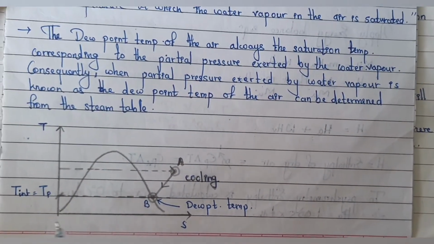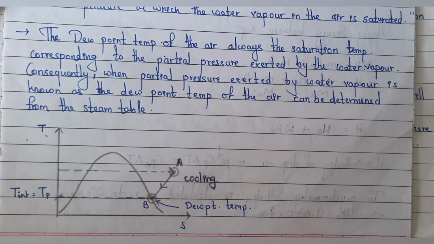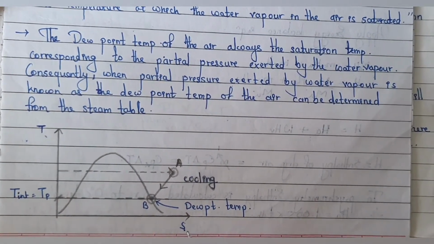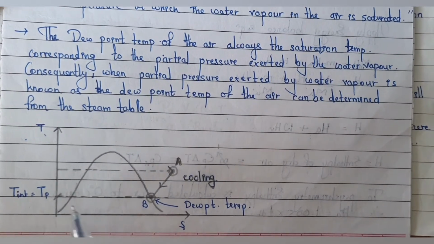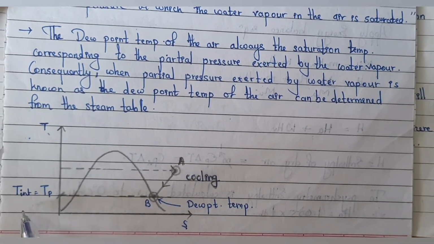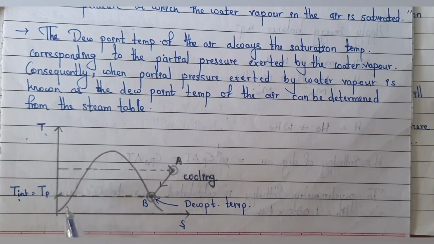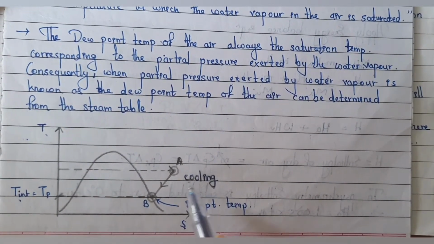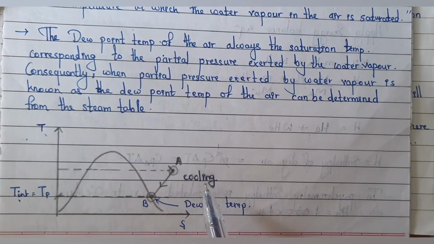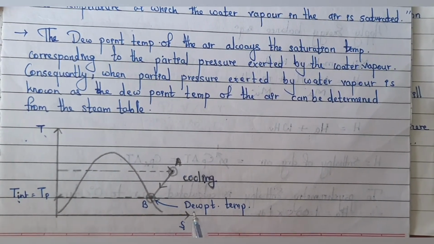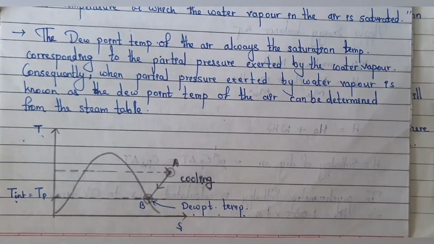So here it is a temperature and specific entropy graph. From here, initial temperature and final temperature can be known, and at point A it is a cooling point, and at point B it is the dew point temperature.